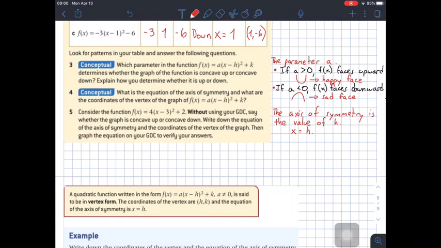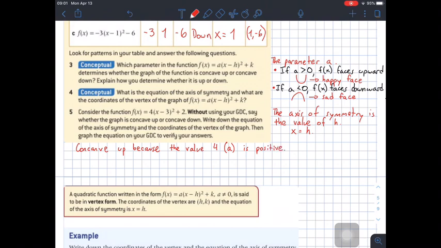So concave up because the value 4 is positive. Remember, the value 4 corresponds to a is positive.